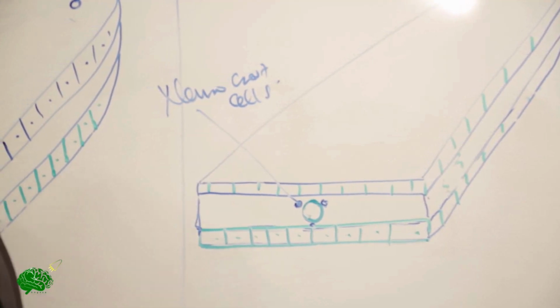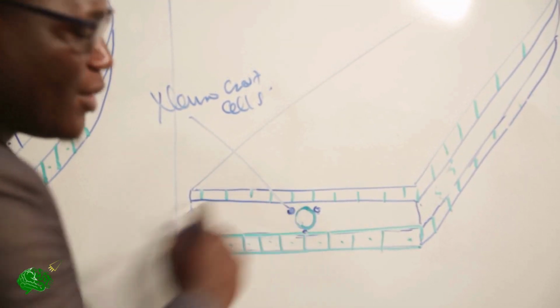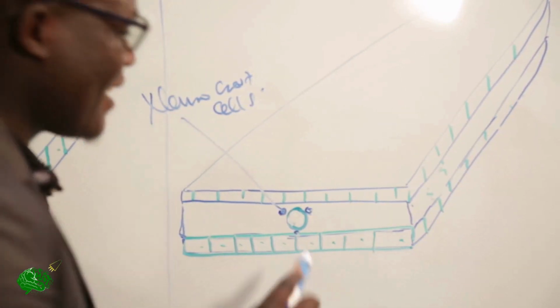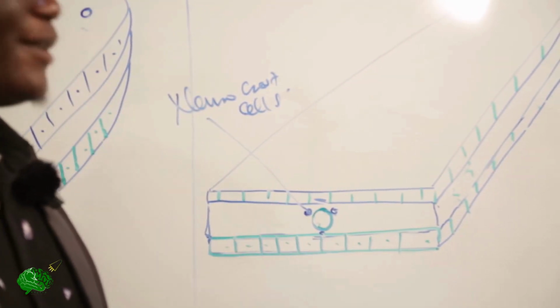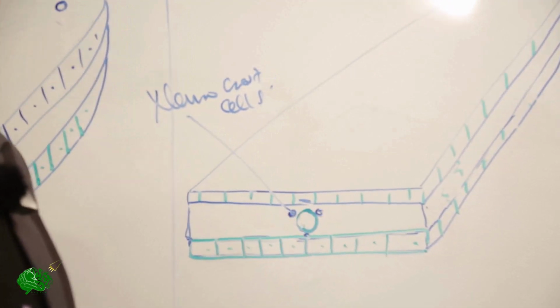So another thing that I want to bring to your attention is that as this neurulation occurs, some cells, or the neural crest cells, actually remain at the ectodermal layer of this previous trilaminar disc that we have formed.